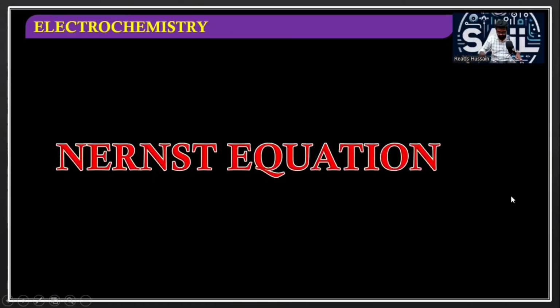Nernst equation, right? In the previous class, we have discussed electrode potential. What is electrode potential? Dear students, my small suggestion is you have to be perfect with the meaning of the concept and what is meant by the different scientific terms here.